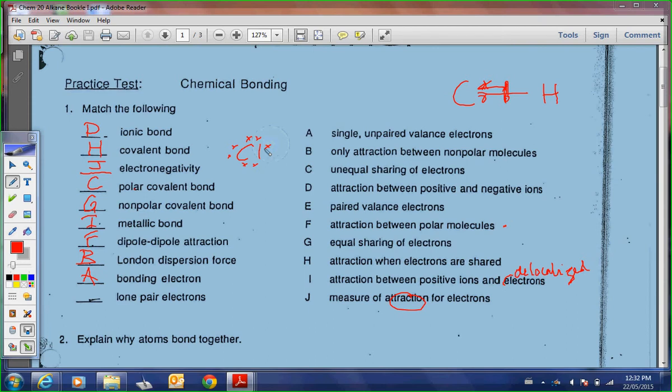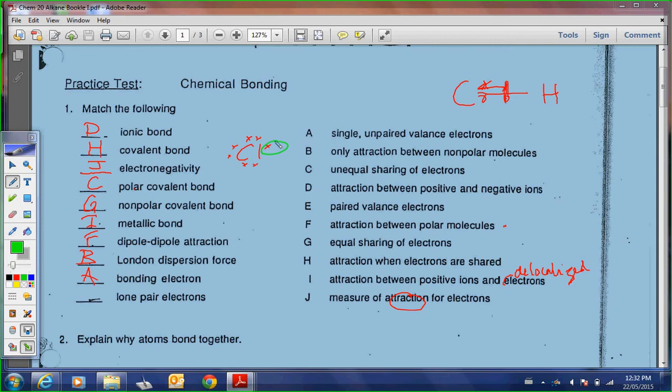Right? Where is my bonding electron? Treat it like a clock, 12 o'clock, 3 o'clock, 6 o'clock, 9 o'clock. Where is my bonding electron? At 2-ish, yeah. There's the bonding electron. It is a single unpaired valence electron.